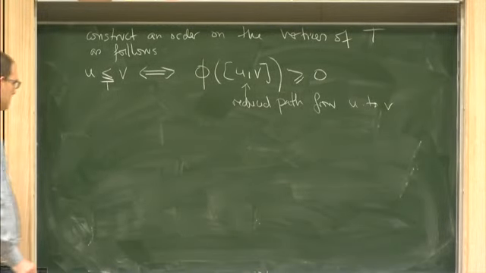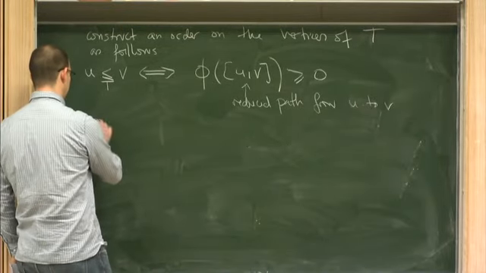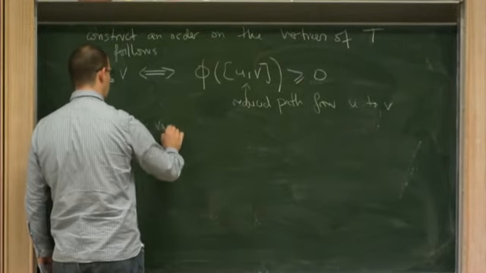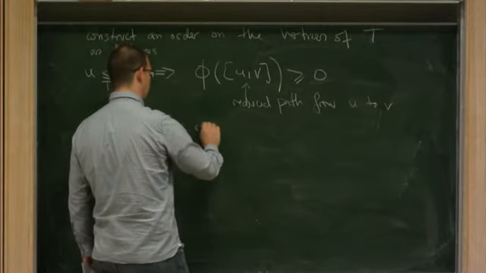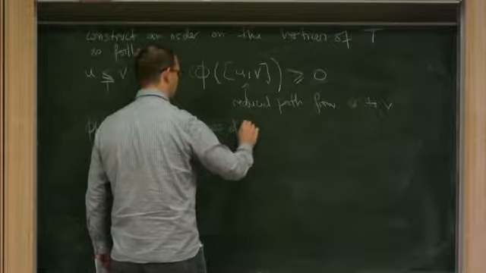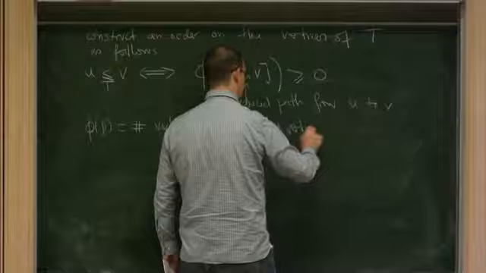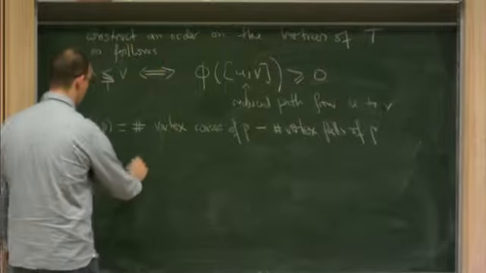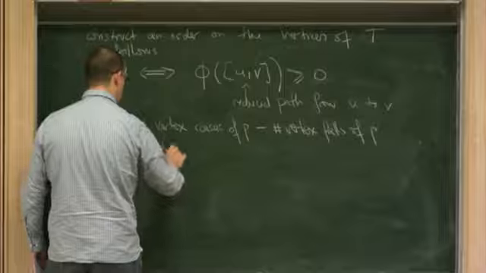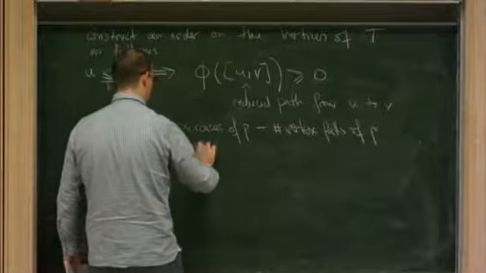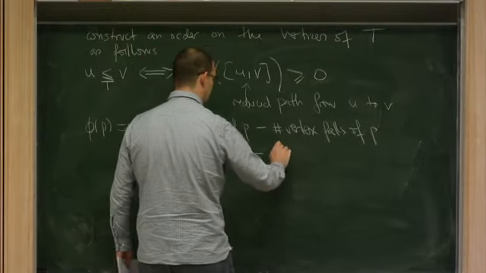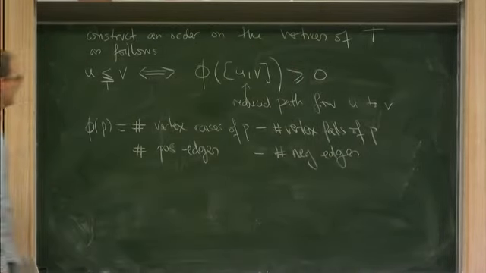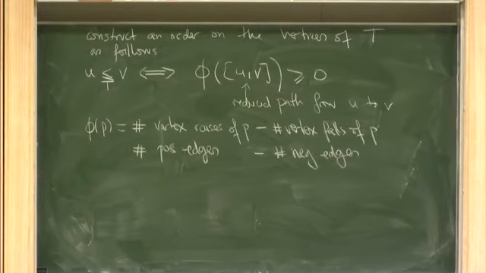The function counts the vertex rises of P, and it subtracts the vertex falls of P. I will explain this in a second. It will count the number of positive edges and subtract the number of negative edges. So this is very informal, but you will see it in a minute.